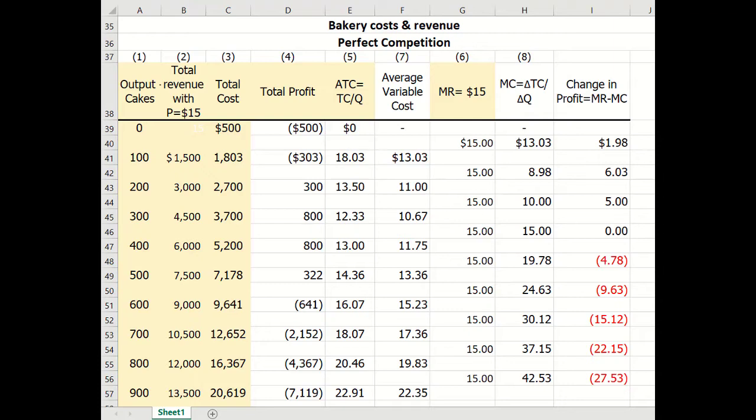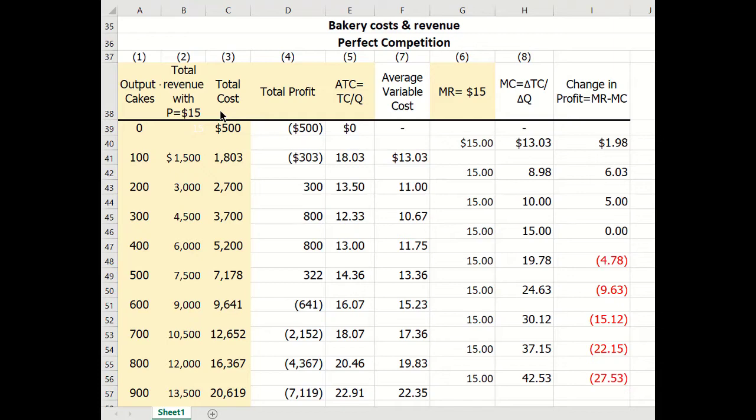That's determined by the market in perfect competition. This is a bakery that's small and can't control price. So it's $15. And when you see, as we see in columns 2, 3, and 4, the word total, it's basically cumulative. It's not on a per unit basis. That's important to know because you're going to look at a lot of cost curves and revenue curves, and your head's going to start to spin because they all sound the same.